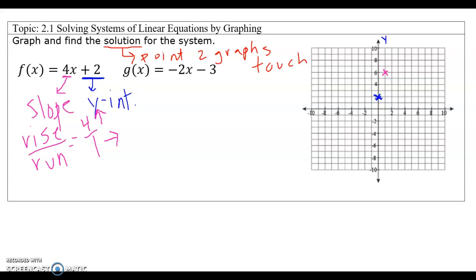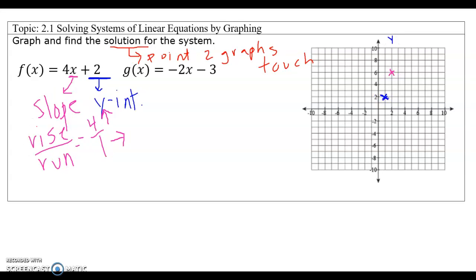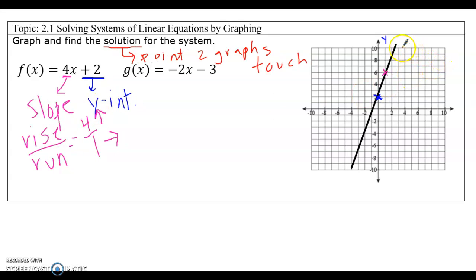Then I'm going to take my handy drawing tool and do the best I can connecting the dots. That's pretty good. And then the last thing is to draw some arrows at the end because it goes on forever. So that's my first line.